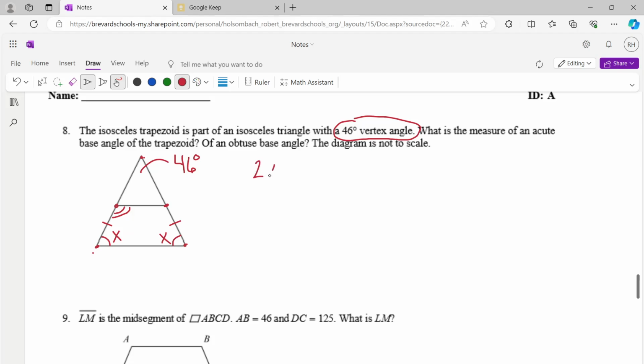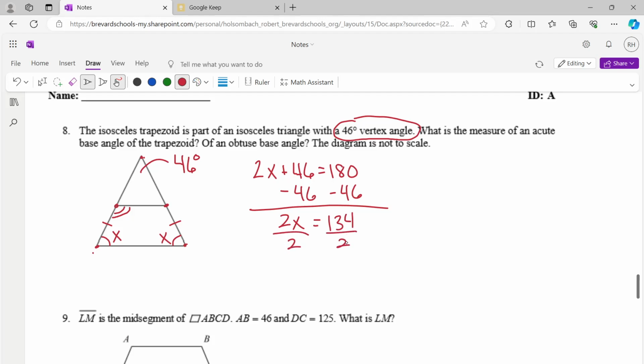So we get 2x plus 46. That has to equal 180. Subtract 46 from each side. So our 2x is equal to 134. Divide each side by 2, and we get an x that's equal to 67.